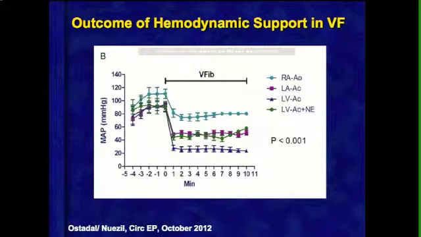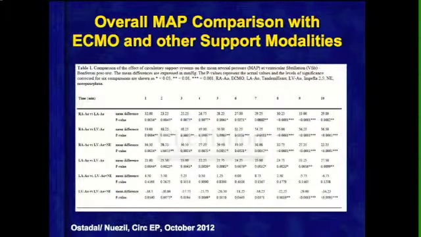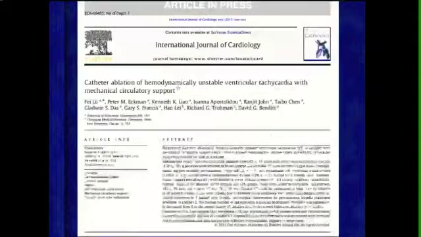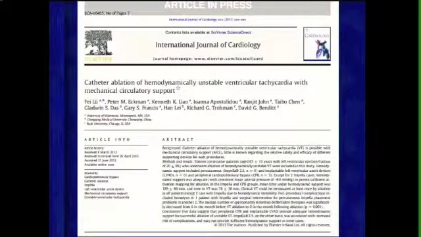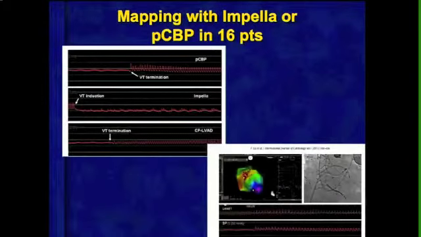And norepinephrine improved things if you only have a 2.5 liter output. All these numbers will likely change with 5 liter outputs. But you can see differences in some of the advantages perhaps with an ECMO system. And these are his overall data that I won't go through. One more, this is from Dave Bendett's group and Lou, and they used Impella for some, and in some they just flat out did peripheral bypass.